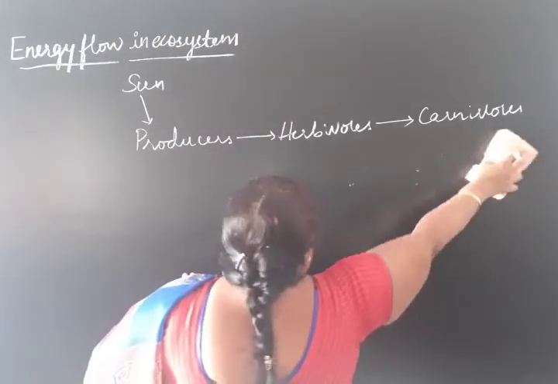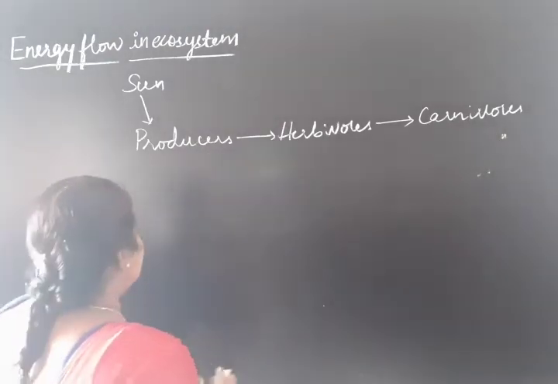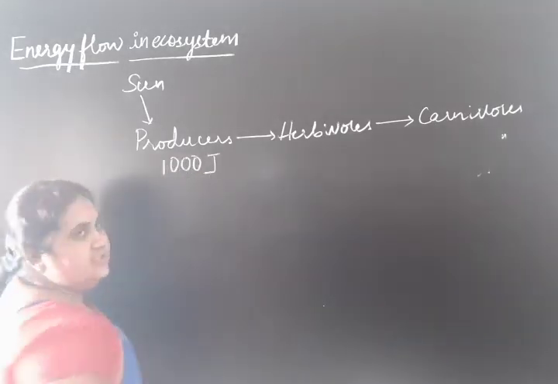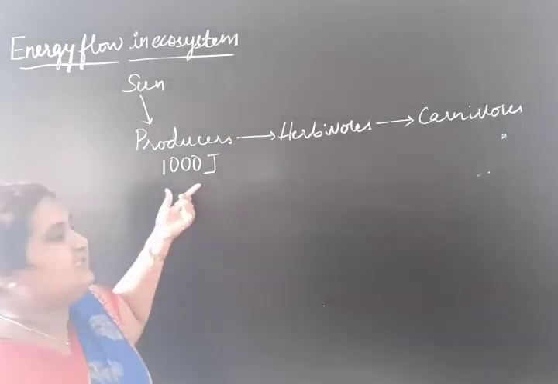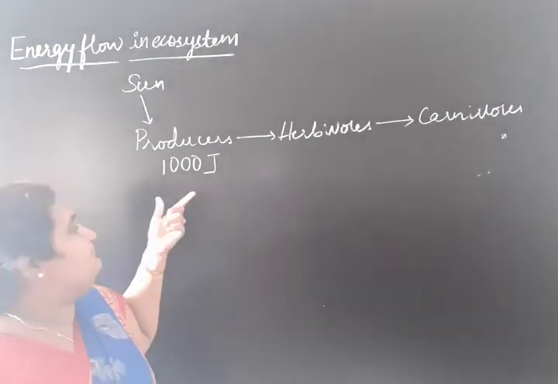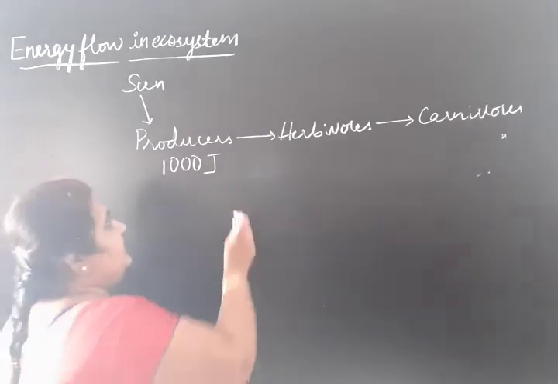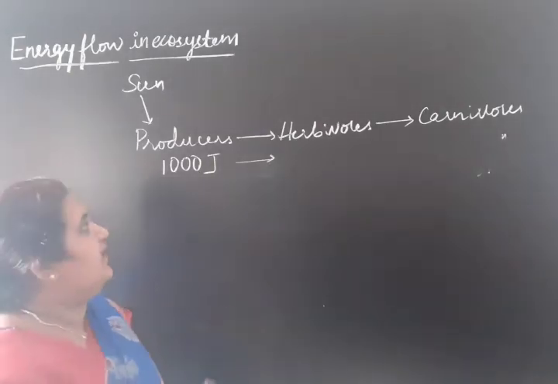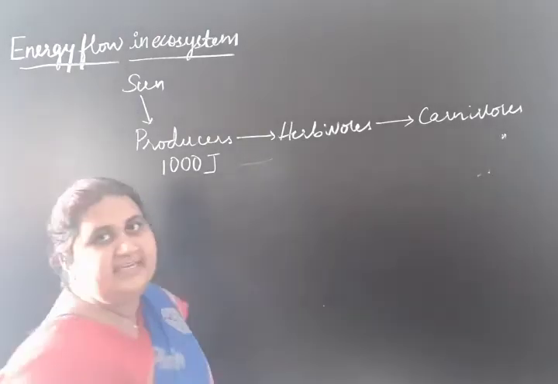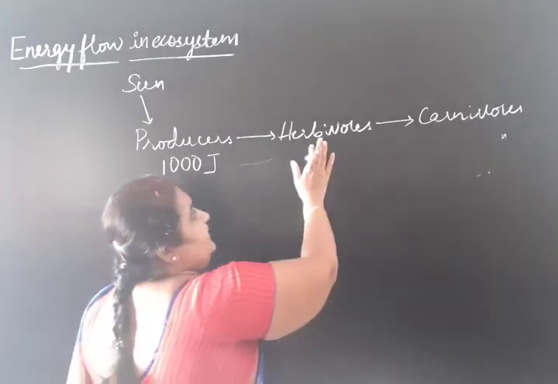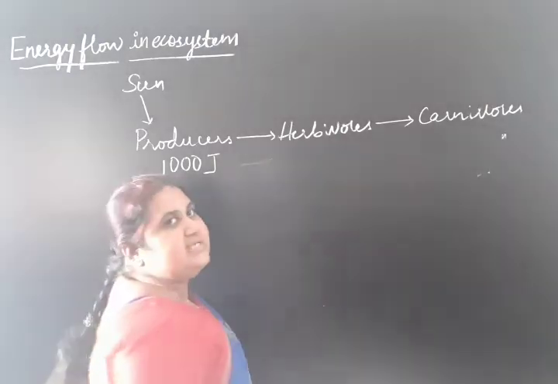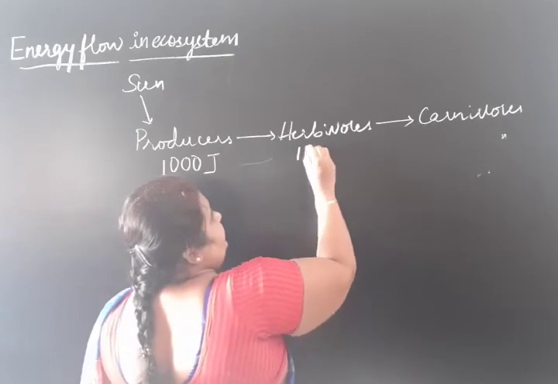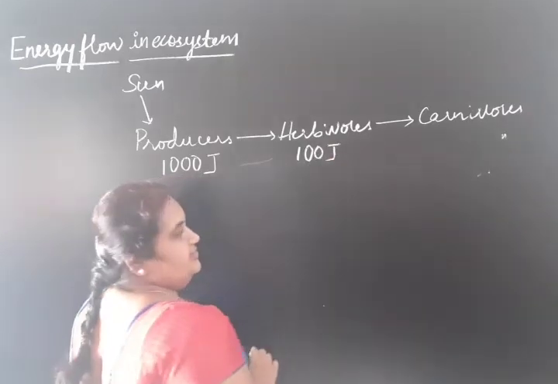See here, say 1000 joules of energy is present at the first trophic level, the producer level. As the energy moves to the herbivores, the second trophic level, only 10% of energy will be transferred. It will be stored at the higher trophic level, that is 100 joules.